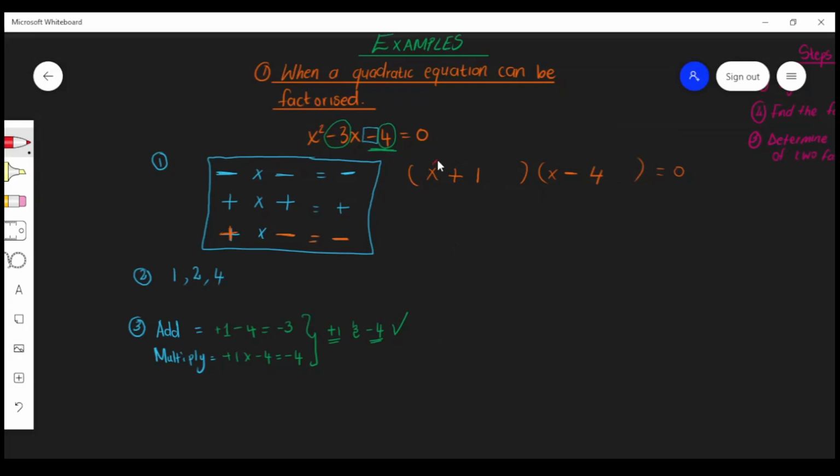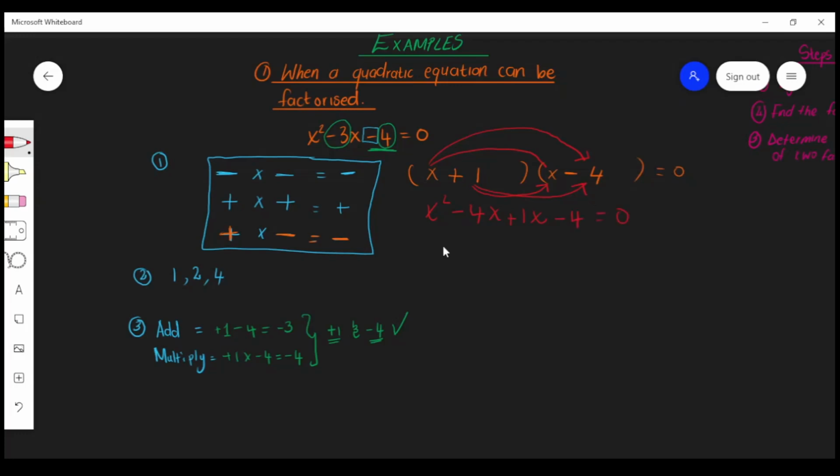X multiplied by x is equal to x squared, and x multiplied by minus 4 is minus 4x. 1 multiplied by x is positive 1x, and 1 multiplied by negative 4 is negative 4, which is equal to 0.